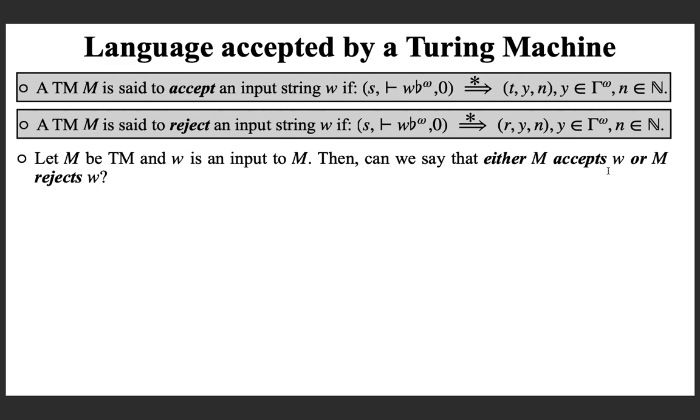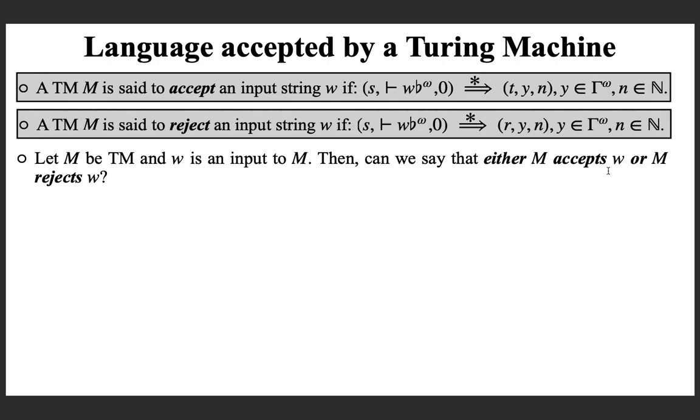Any of these two things will happen always? So I am asking you, can you guarantee that given an input string W, only two possibilities are there? The machine is accepting it or the machine is rejecting it. That was true in all the other automata that we discussed. But is that true here?